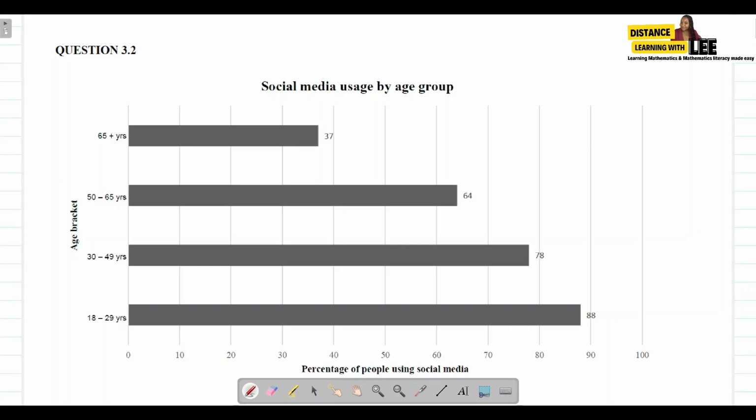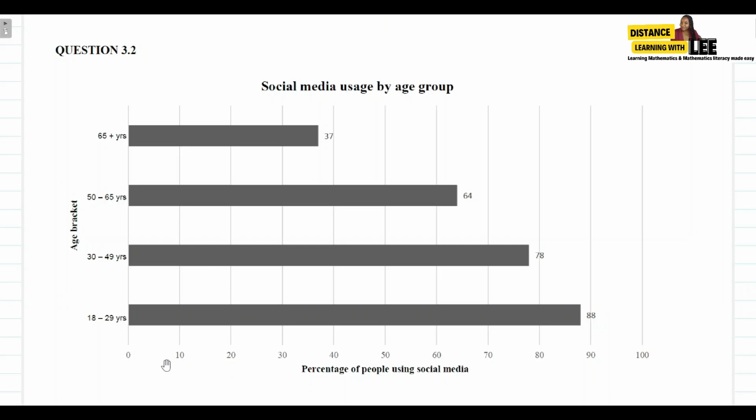Okay, so this bar graph basically represents social media usage by age group. On our y-axis, we've got the age brackets, the ages of the people that use social media. And then on the x-axis, we've got the percentage of people using social media.